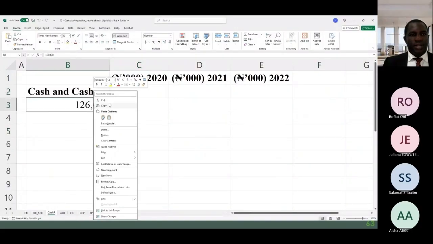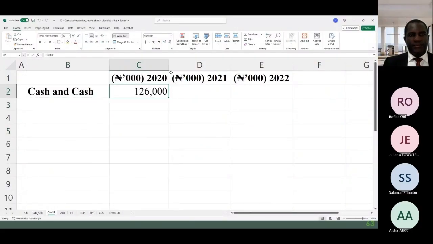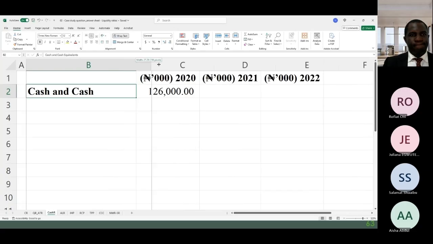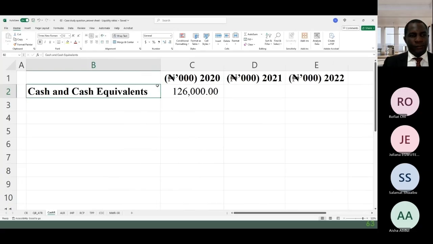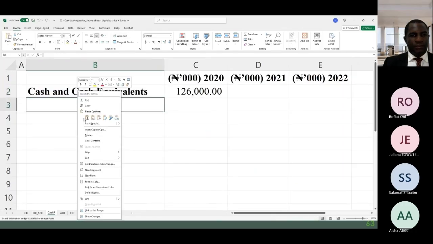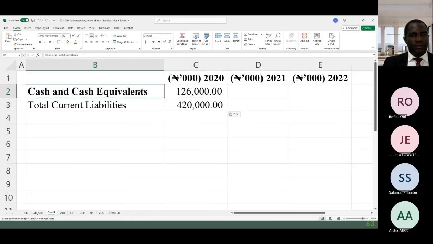I post cash and cash equivalents here. Good. Okay, so I can just pick my total current liabilities here. I don't need to go back to the question. I post it here because of time.